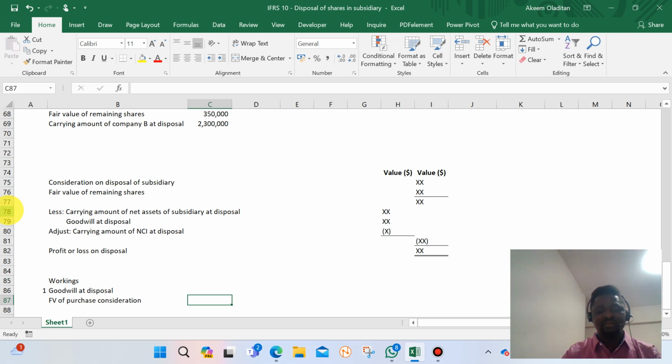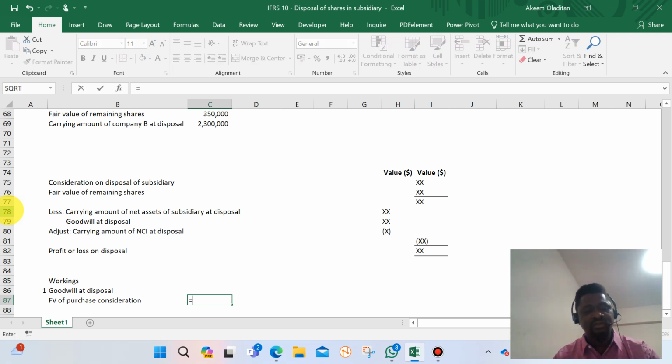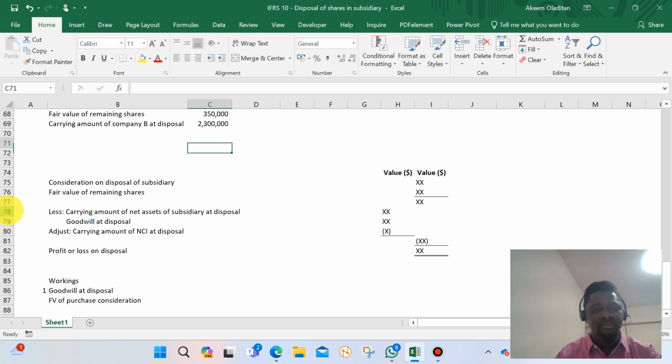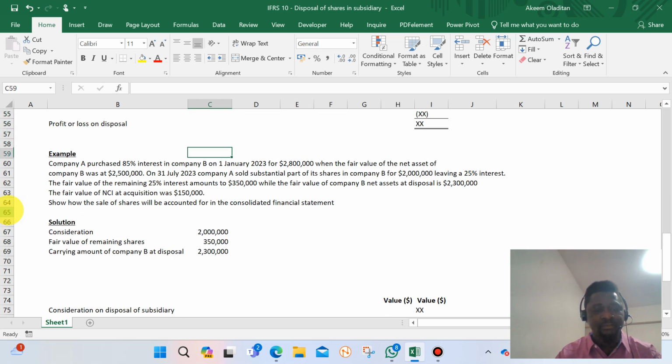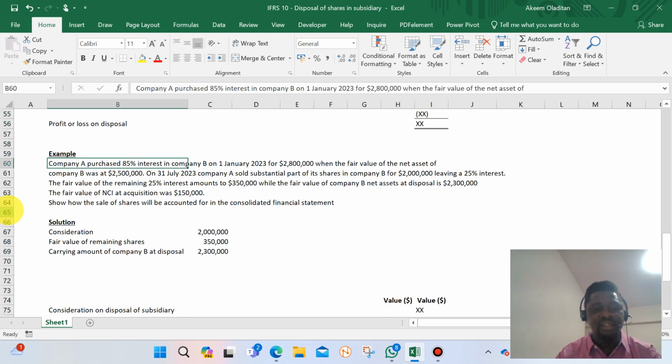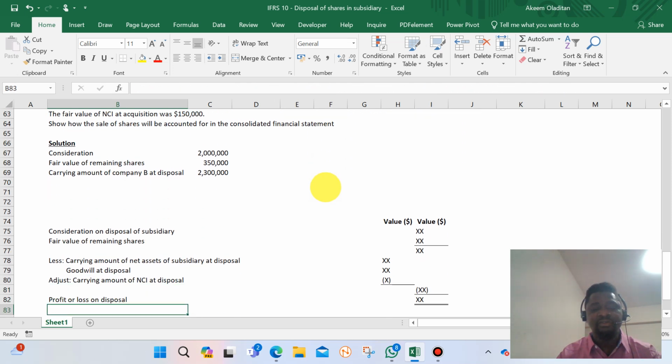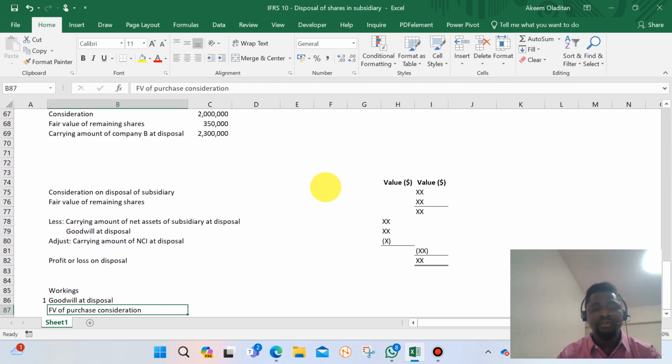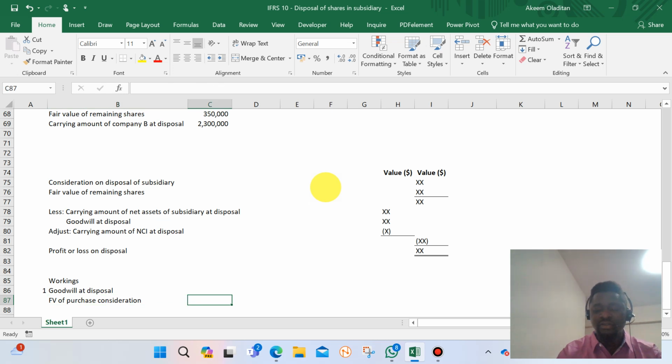What is the fair value of purchase consideration in the question? Company A purchased 85% in company B on January 1. This is the fair value of the purchase consideration at acquisition. So the purchase consideration at acquisition is 2,800,000.